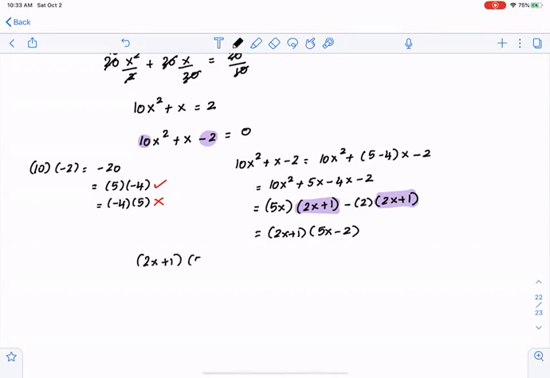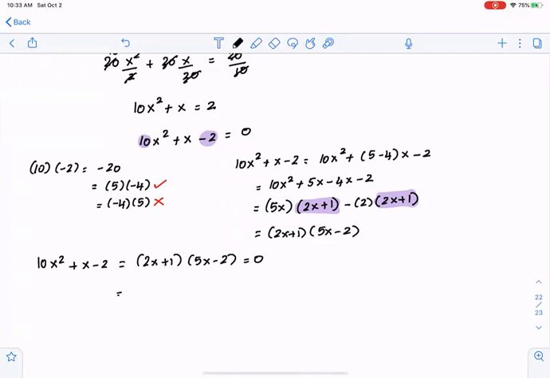So I could set the factored version equal to 0, because 10x squared plus x minus 2 is the same as 2x plus 1 times 5x minus 2.